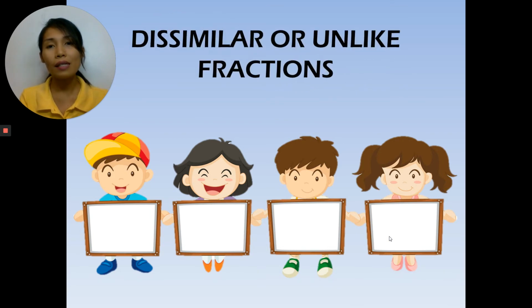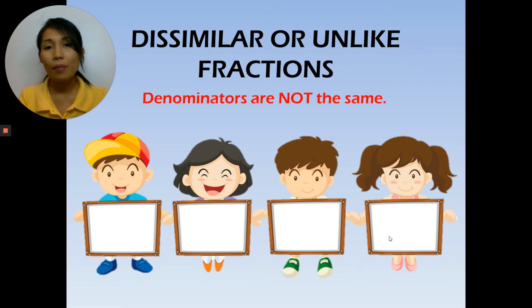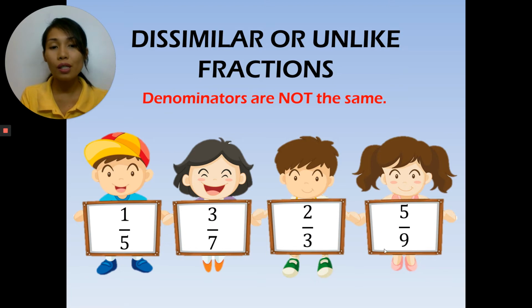How about dissimilar or unlike fractions? This is the opposite of similar. Their denominators are not the same. Take a look at the samples we have here. 1/5, 3/7, 2/3, and 5/9.